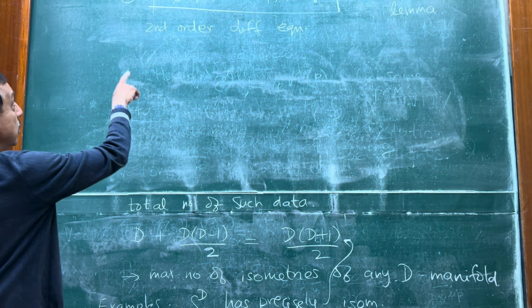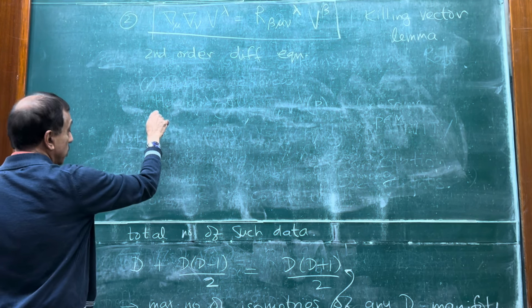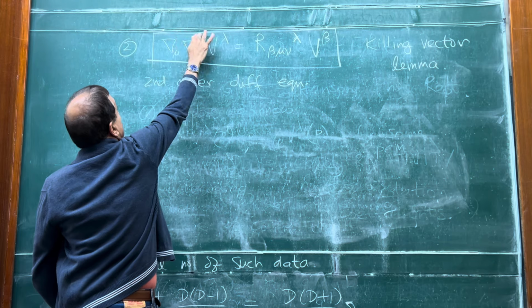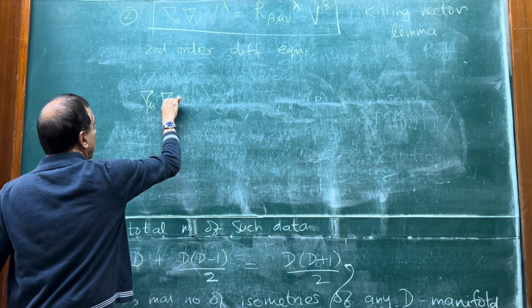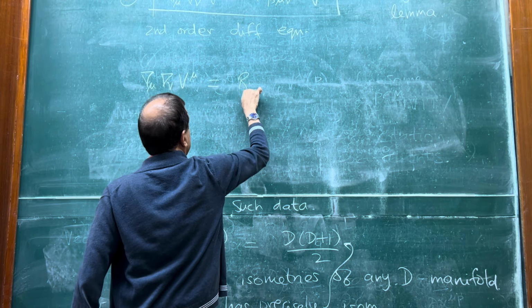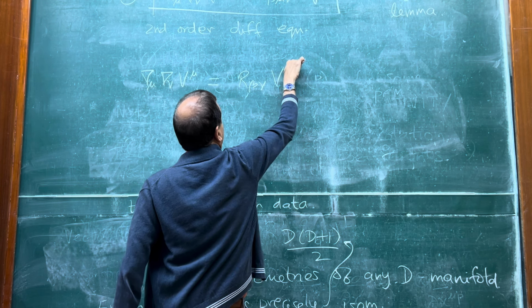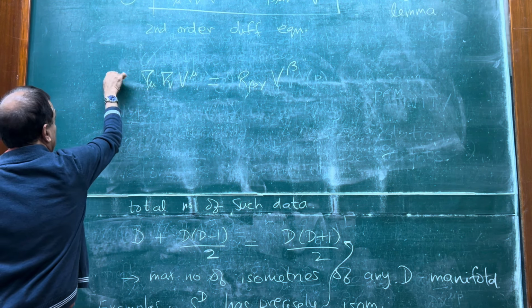Let's take this equation and trace over the first and third index. So del mu V mu, if I do that, I get the Ricci tensor there. So this is a consequence of the Killing vector lemma.